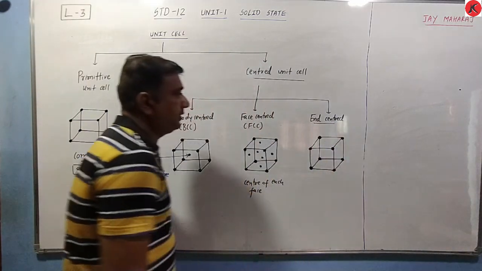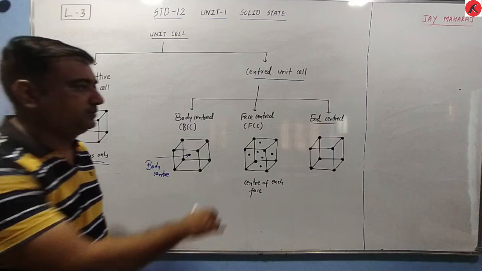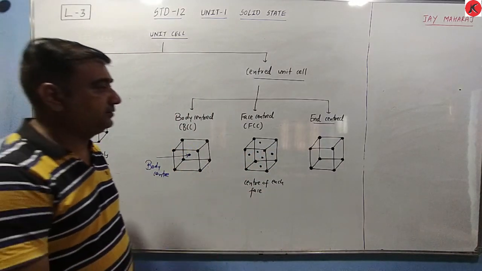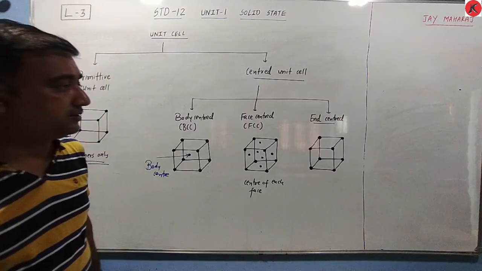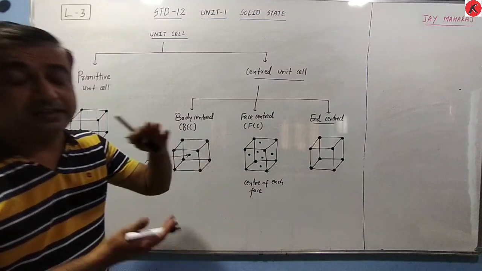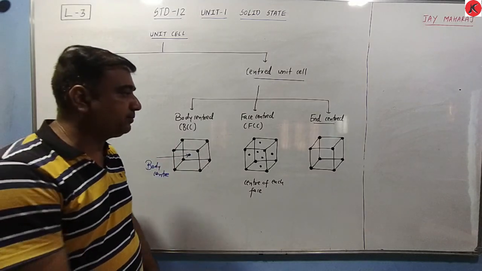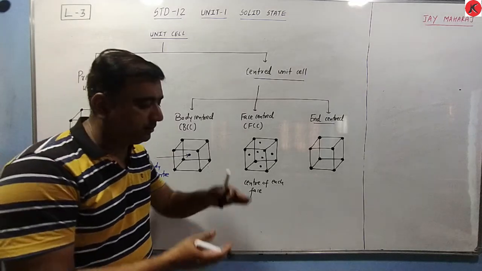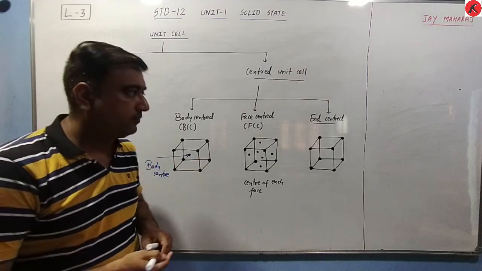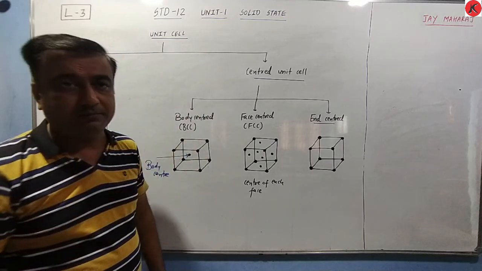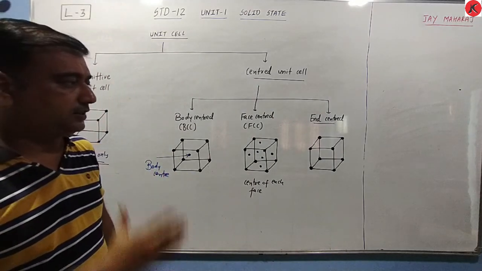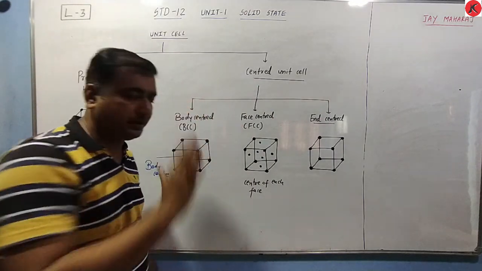Now in case of end centered, corners are present plus additional particles. At which position? At the center of any two opposite faces. Again remember, at the center of any two opposite faces. That means top and bottom, or left and right side, or front face and back face.